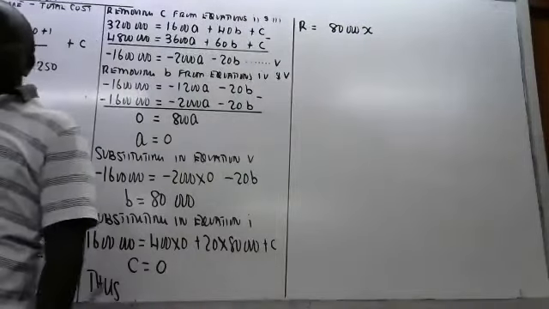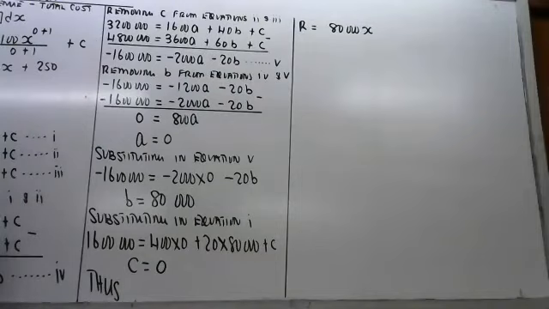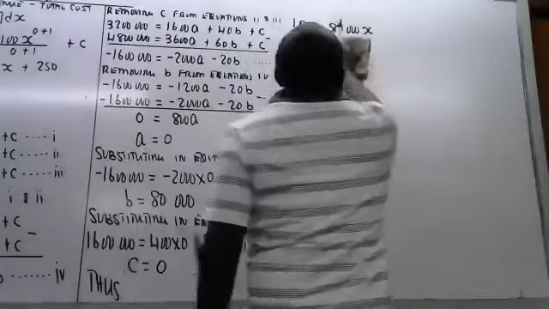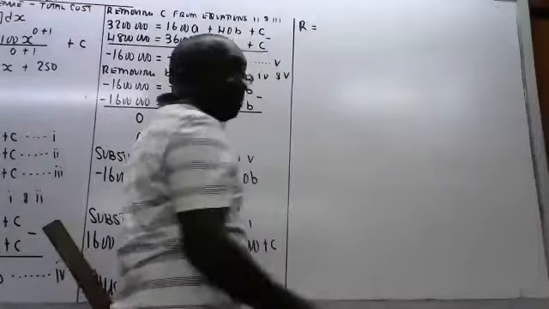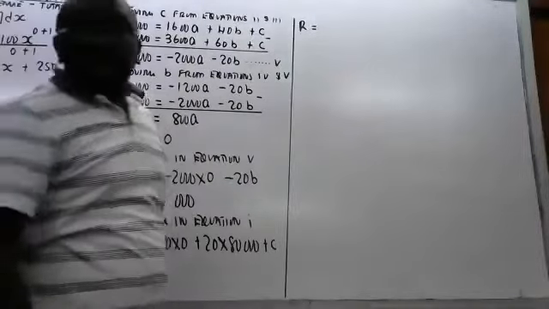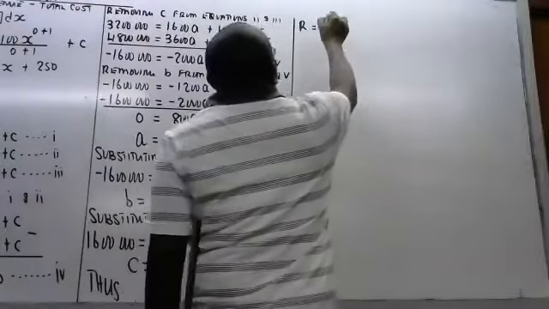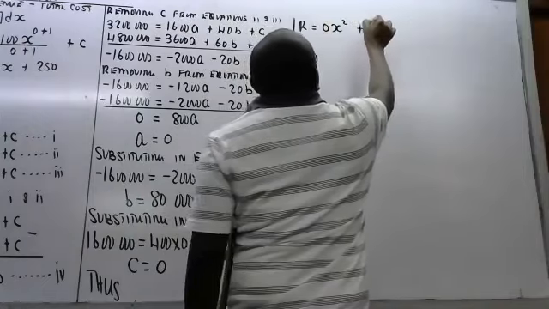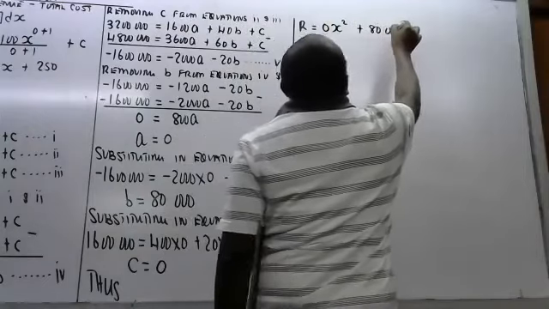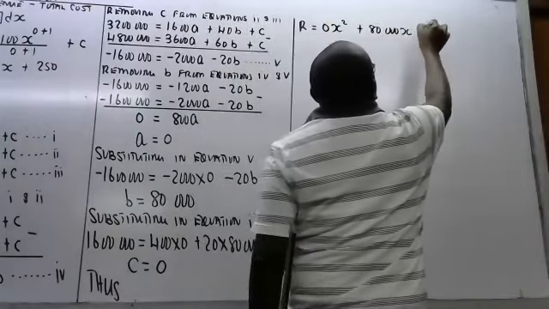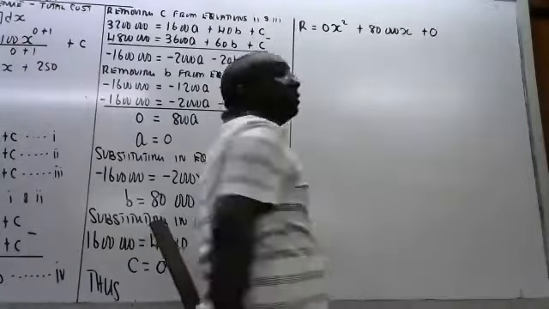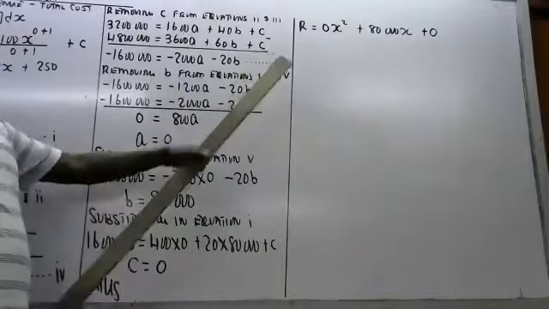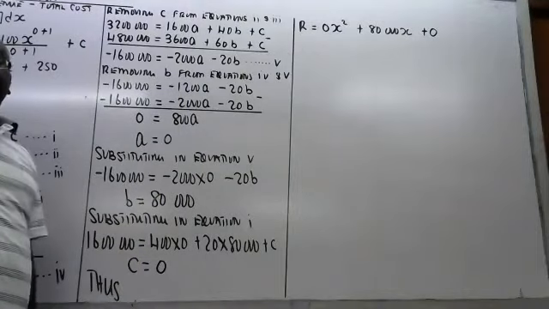That's the value of R. Maybe let me write it in full because some people ask me how it is reduced that way. So R is 0x squared plus 80,000x plus 0. When you go to the original function that we had, that is now the value of the revenue.